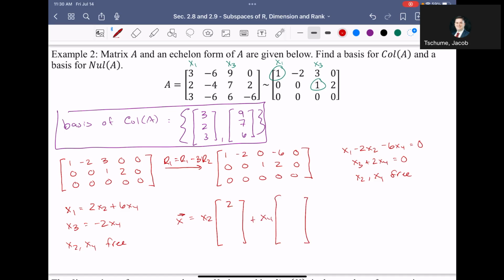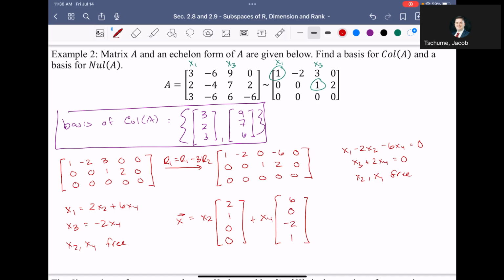When the position matches the free variable, it would be 1. There's nothing in the x3 equation that helps you. And then when you get to the other free variable that doesn't match, you put a 0 by default. For x4, following the same pattern, you should get 6, 0, -2, and then 1 when it matches.